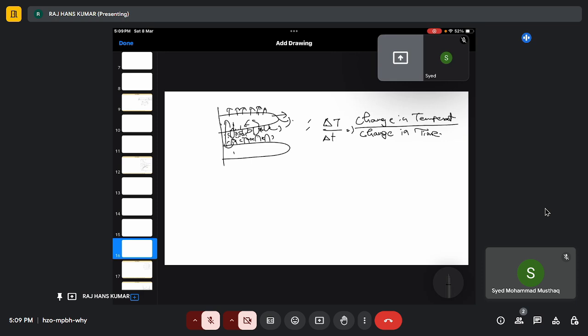So this is about the cooling rate, and it defines the arm spacing of dendrites.